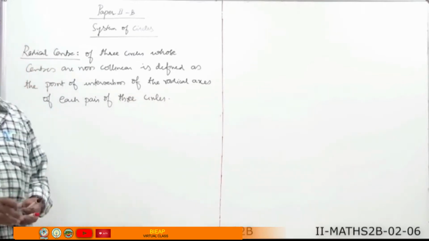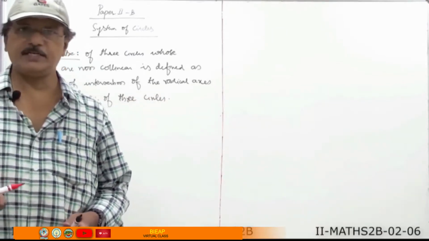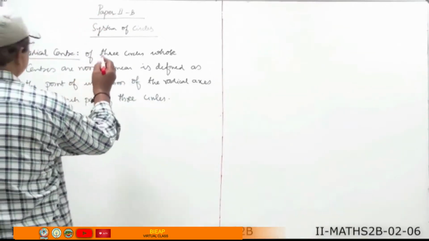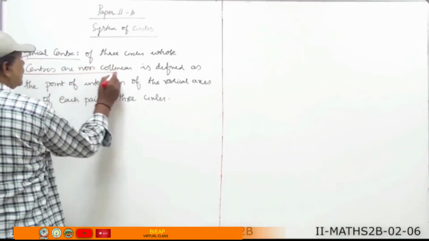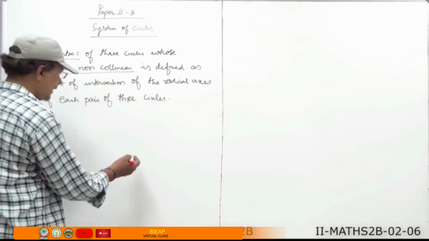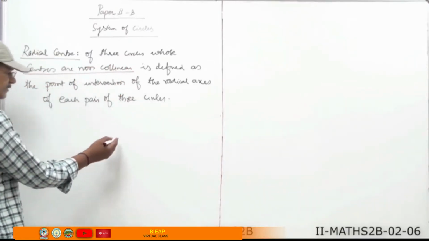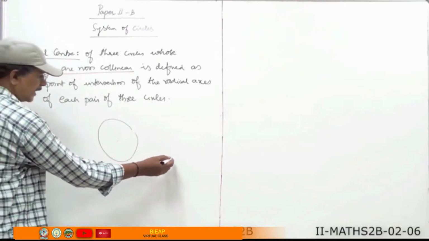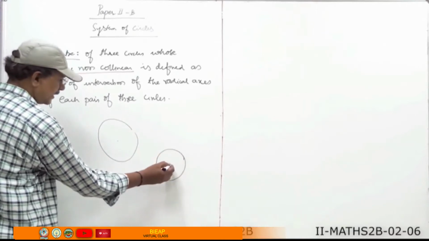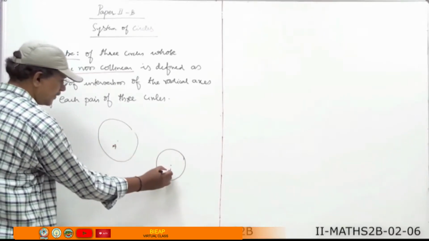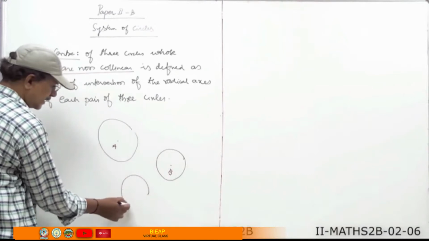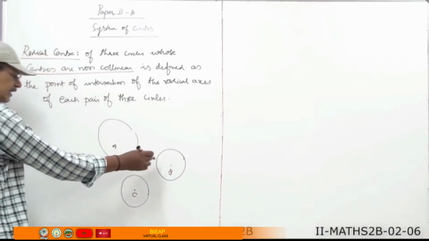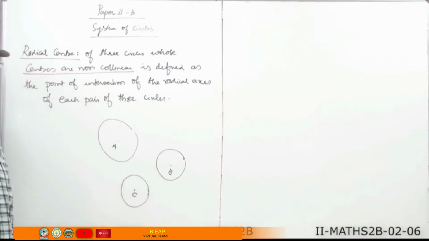If you draw the figure from the definition, then you will get the idea. The main condition is we are taking three circles whose centers are non-collinear. So I take three circles like this. This is the first circle whose center is A, and you take the second circle, center is B, and you take the third circle, C. So these are three circles whose centers are non-collinear.